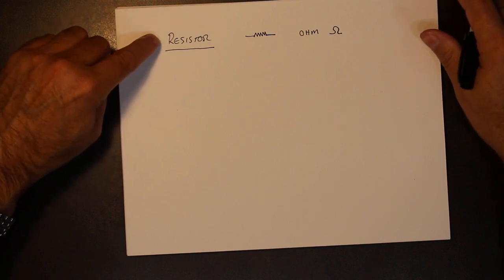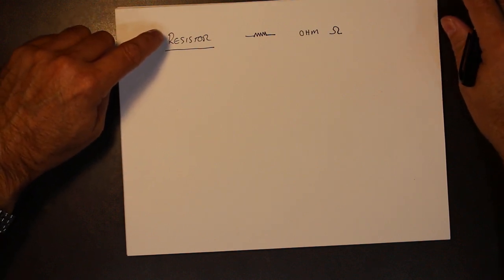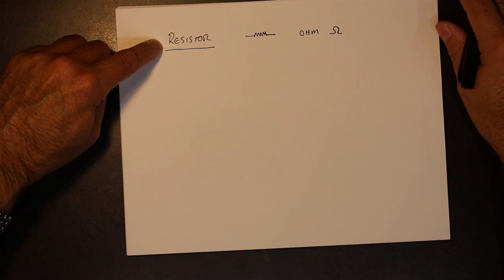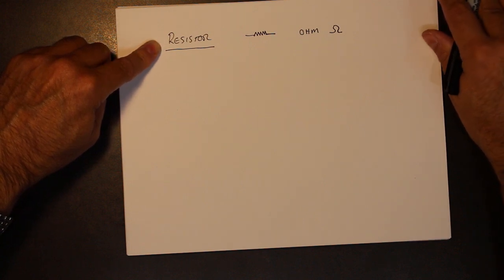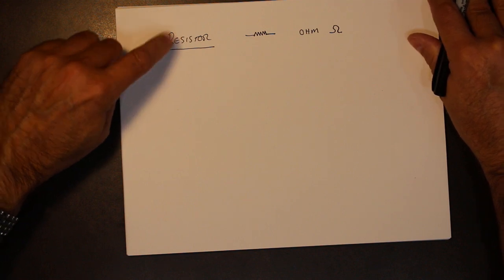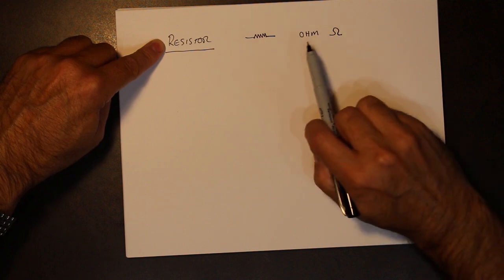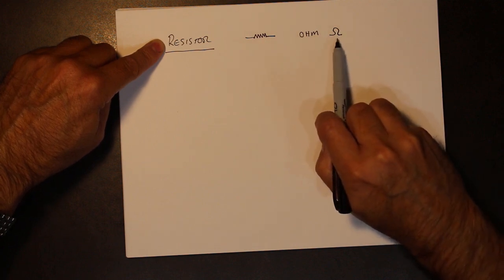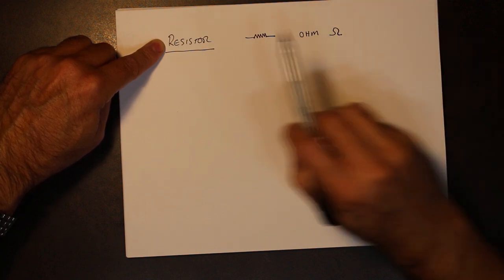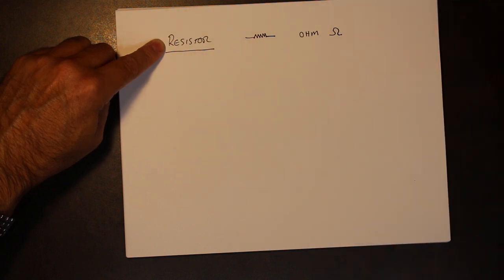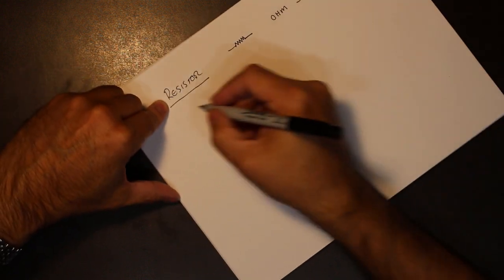And again, over the next few weeks, we're going to really get into resistors and what they are and what they're made of and how they work and their values and all that kind of stuff. But for now, a resistor, that's the symbol. The unit is the ohm, and the symbol for the ohm is the Greek letter omega. And the job of a resistor is to limit the flow of current.